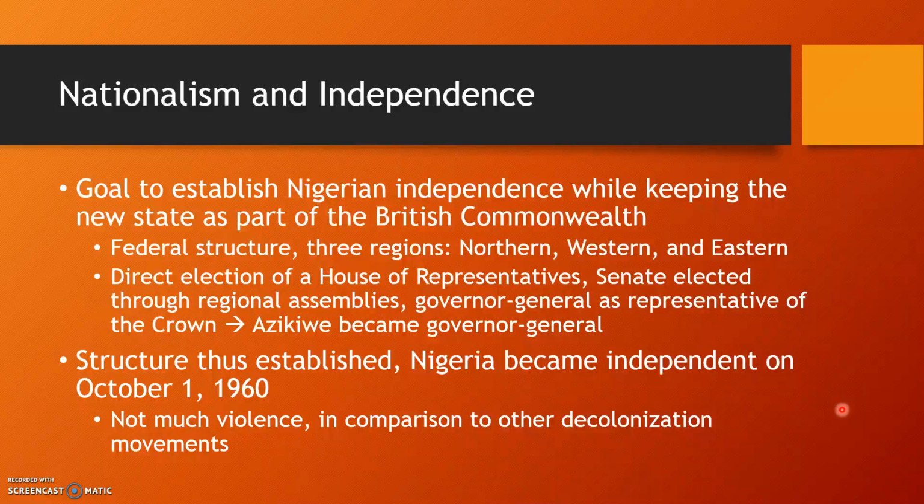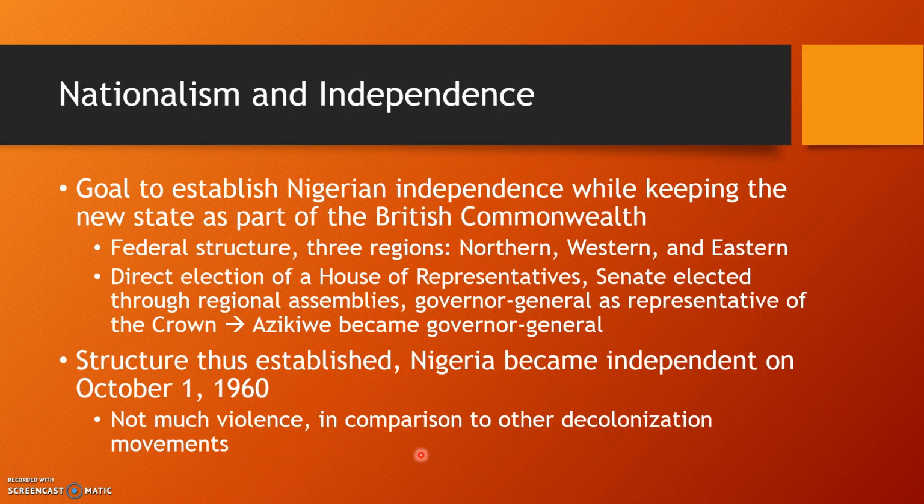So Nigeria becomes an independent nation as of October 1st, 1960. It's really not a violent transition. There are a few protests, a few skirmishes, but it is not a violent transition. It's nothing like, say, the independence movements in Algeria with the French, or what occurs in India.